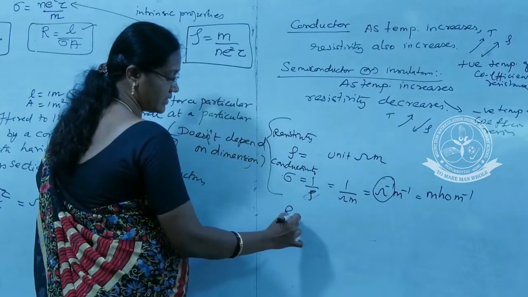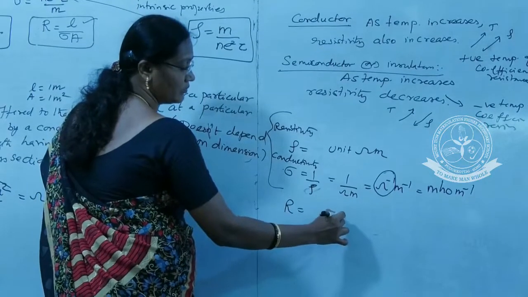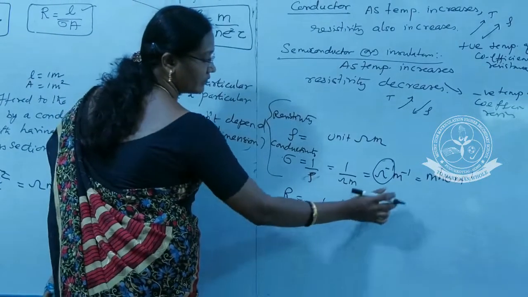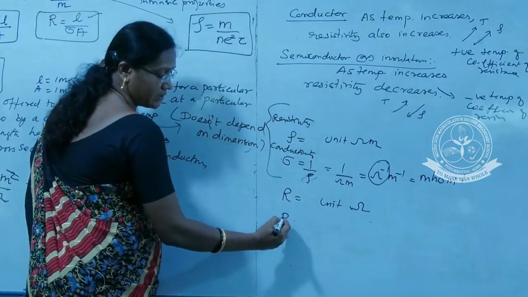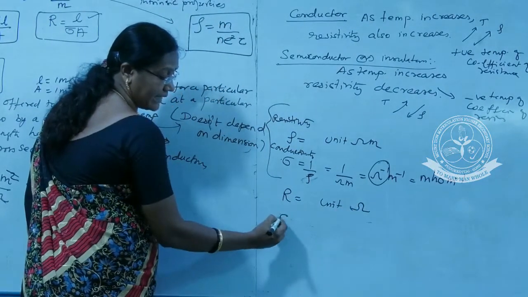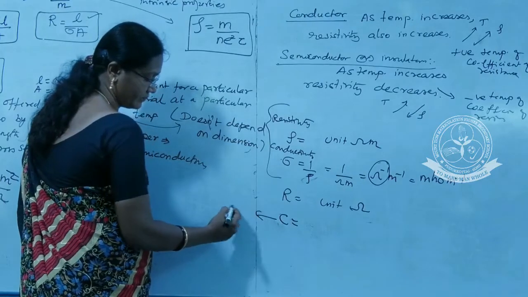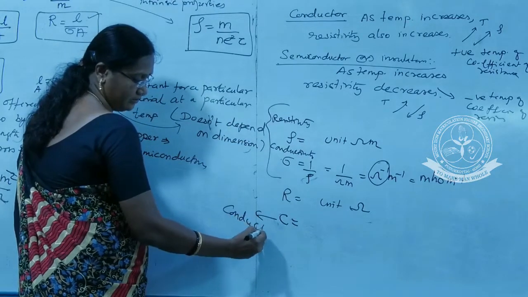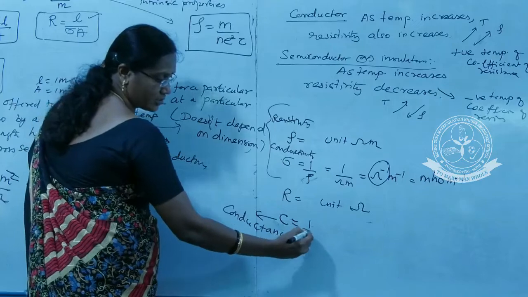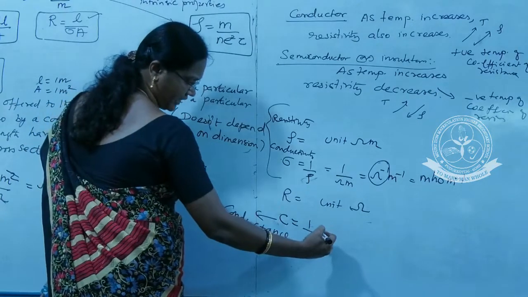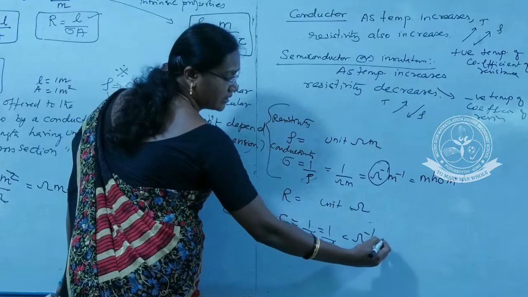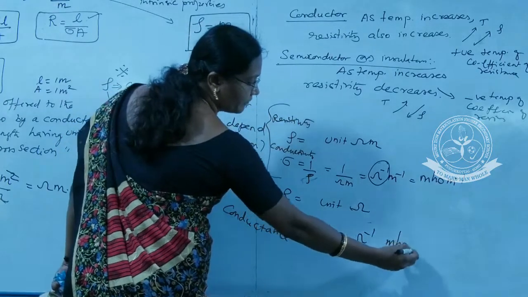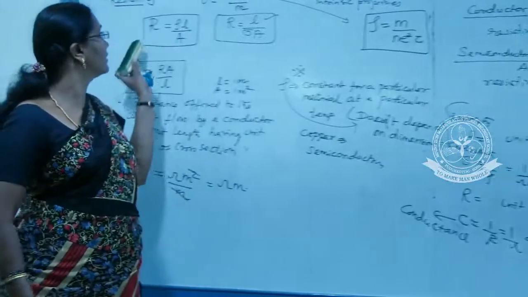And resistance, its unit is ohm. The reciprocal of resistance is called conductance. It is 1 by R, and its unit is 1 by ohm, so ohm inverse. That's all regarding resistivity.